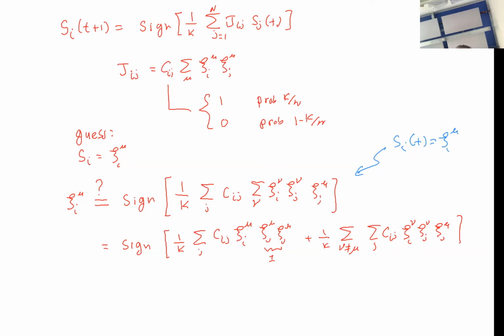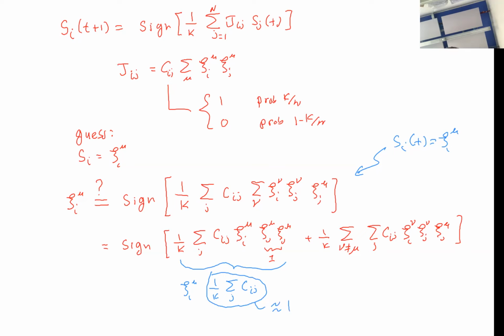So we have two terms to deal with. This term is equal to squiggle i mu times 1 over k, the sum on j of C_ij. That's because this term is identically 1, which is convenient. And this quantity here is approximately equal to 1.